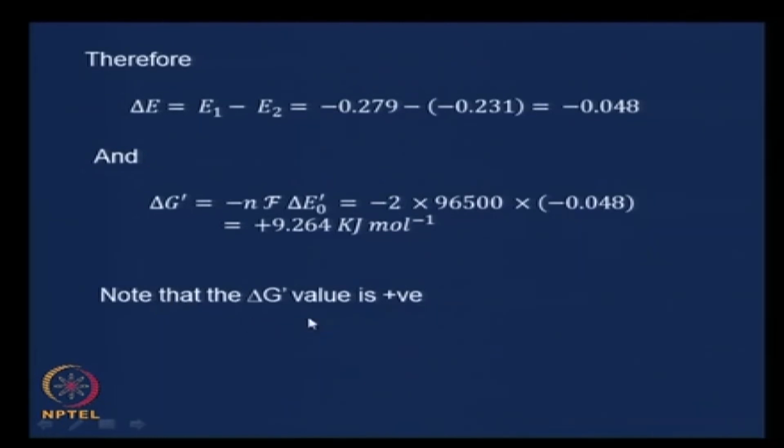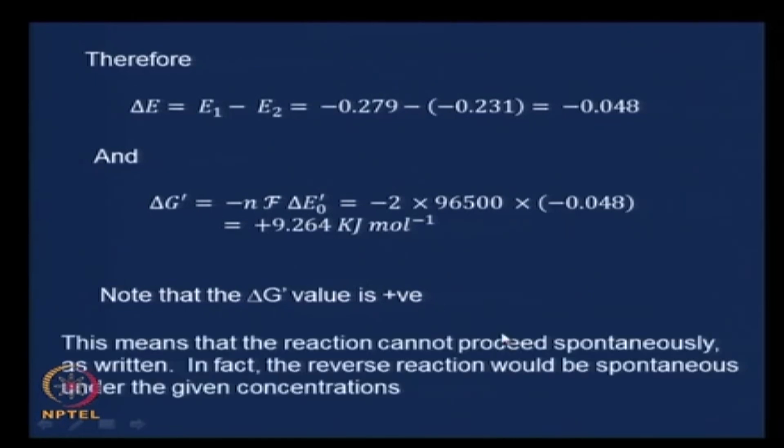Note that the delta G value is positive, and you know from higher secondary school that for a spontaneous reaction the delta G has to be negative. So what this essentially means is that the reaction as written cannot proceed spontaneously. In fact the reverse reaction would be the one that is spontaneous under the given concentration ratios of 1000 to 1, whereas the first part was spontaneous as written.